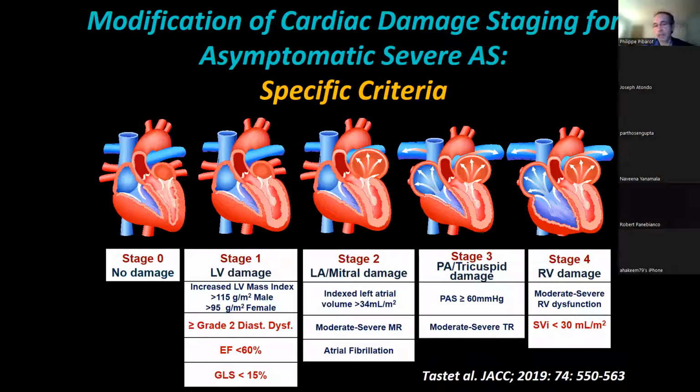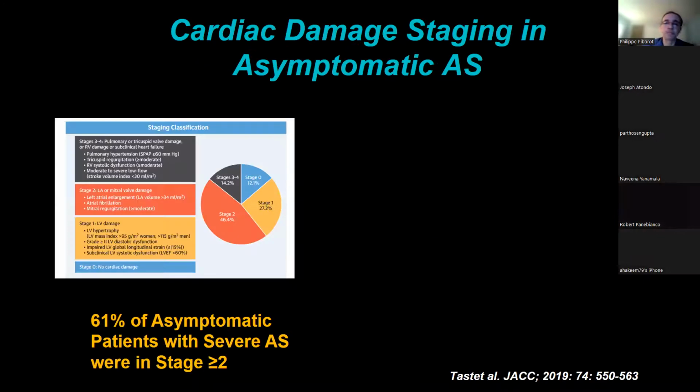So we put that at stage 4 because we felt it's maybe the first phase in the heart failure, in the cardiac decompensation, although the patient is still asymptomatic, right?